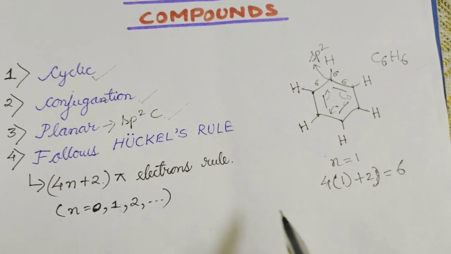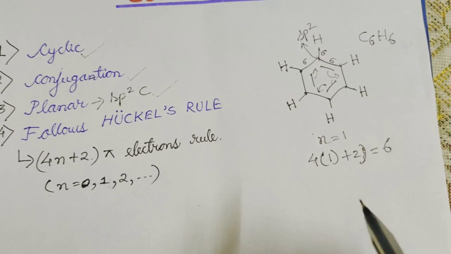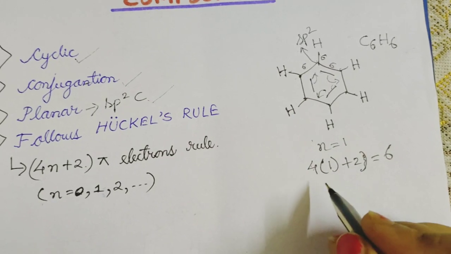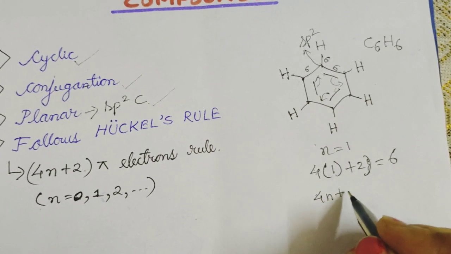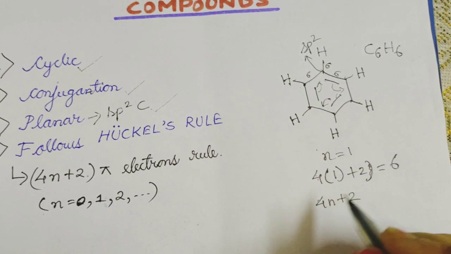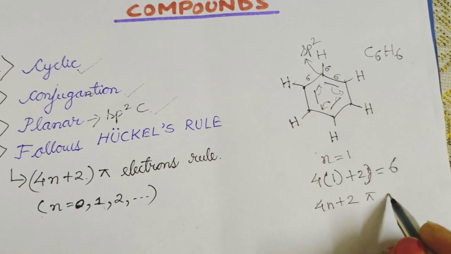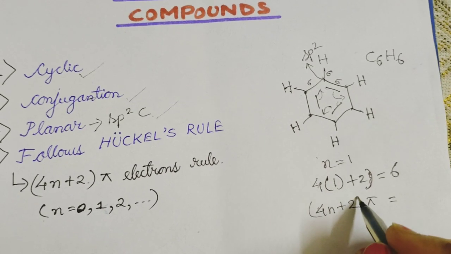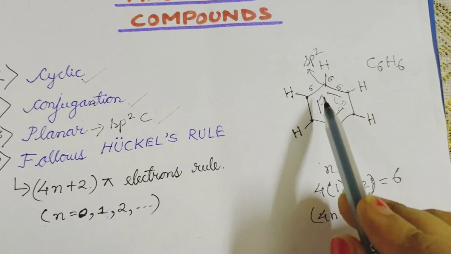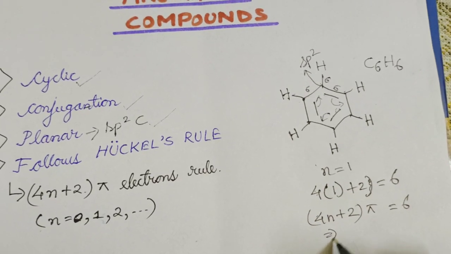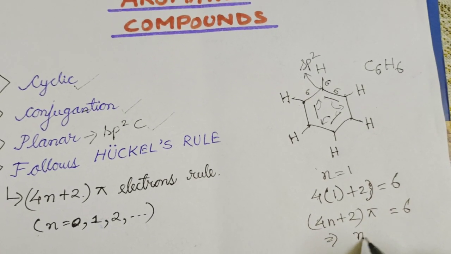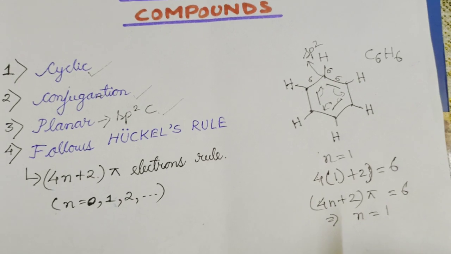Now if I want to simplify it, what would I say? 4n plus 2 equals the number of pi electrons, and here there are how many pi electrons? 6. So if you simplify from here, you will get n equals 1.